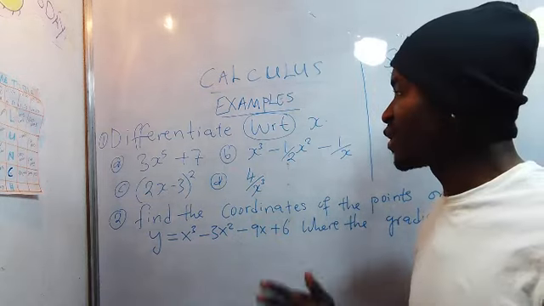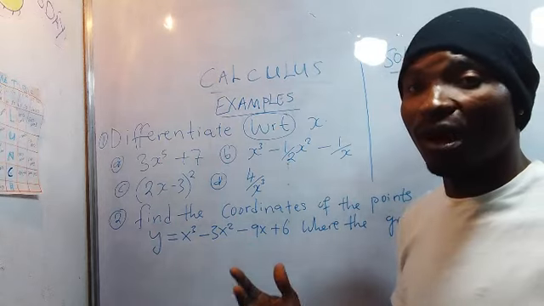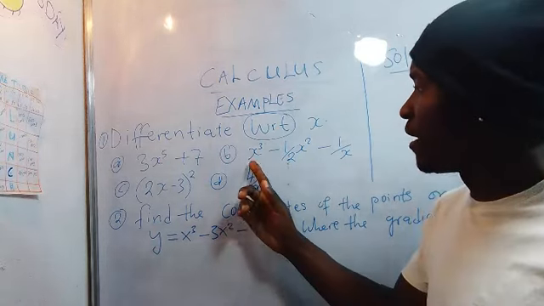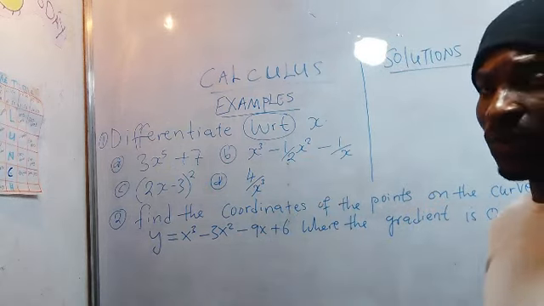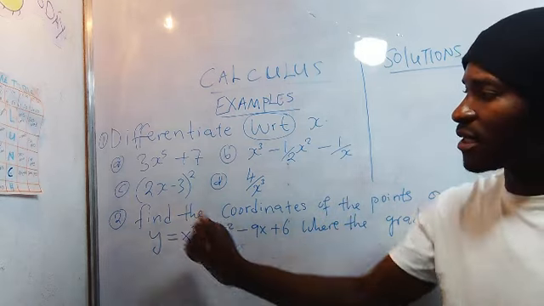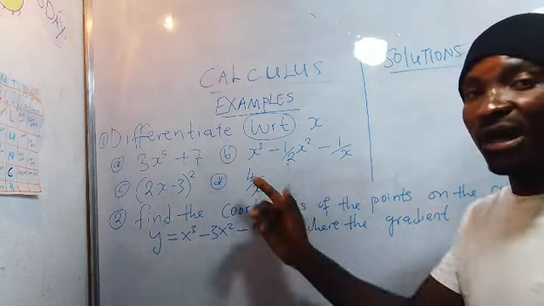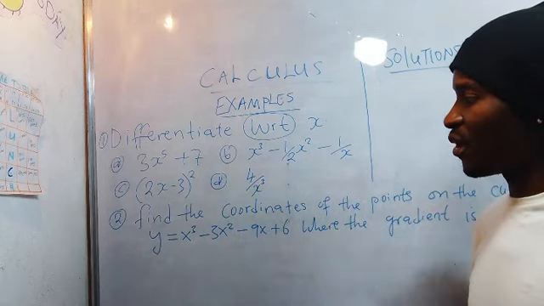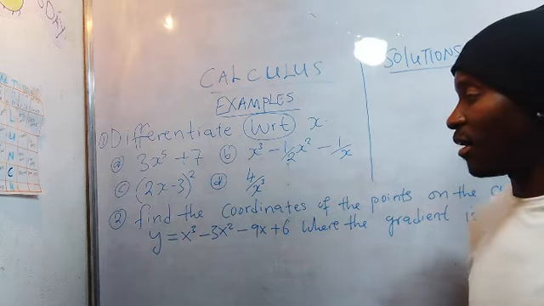So differentiate with respect to x. The first one is 3x to the power 5 plus 7x to the power 3 minus half x to the power 2 minus 1 over x. Then it's saying open bracket 2x minus 3 close bracket power 2. And then we also have d, which is 4 over x to the power 3.